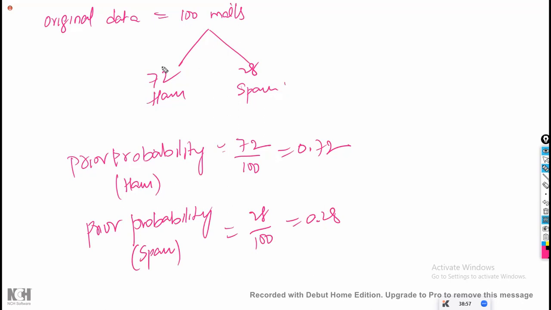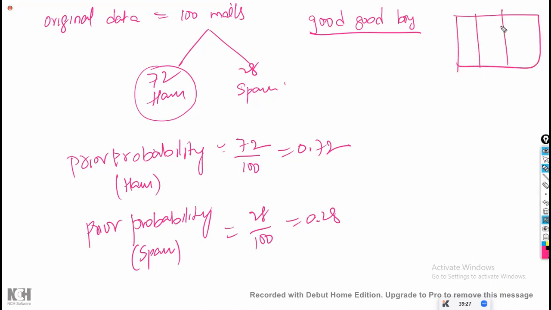Now, within these 72 mails, multiple words will be there, right? Some of the words might be repeated, some may not be repeated. Bag of words: what is meant by bag of words? It is just going to count. For example, assume the first mail is having good boy. Wherever the word good is there, in the count vectorizer, boy is repeated 1 time, girl 2 times, good 2 times.